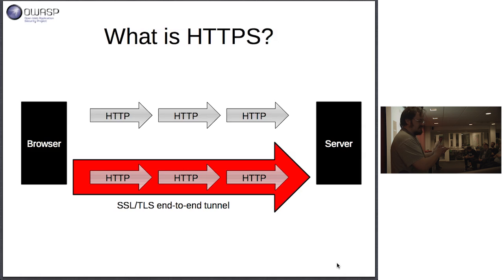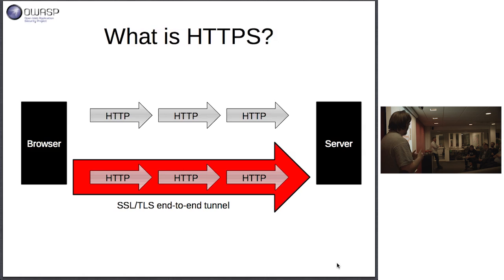So, HTTPS is, unless you're actually coding SSL TLS, probably what most of you actually see. Some of you might interact with it on an API level, and some of you might just interact with it through the browser.